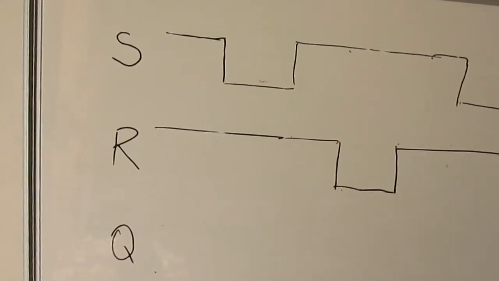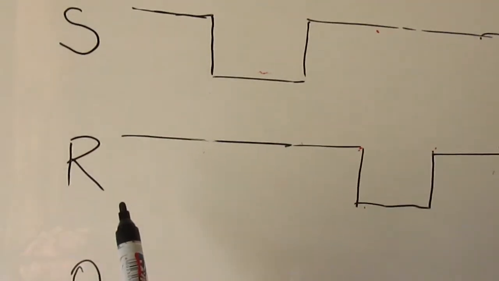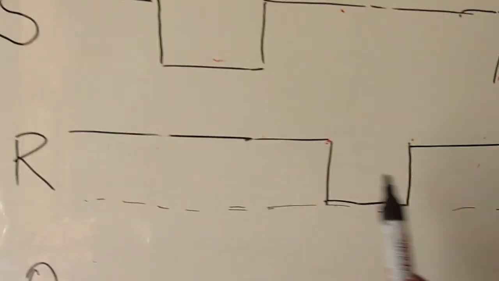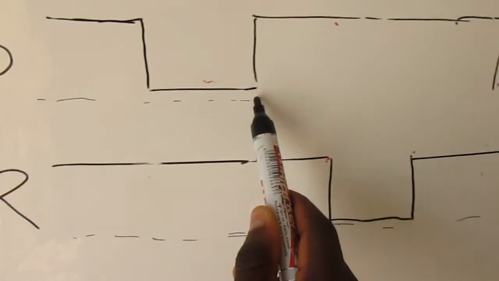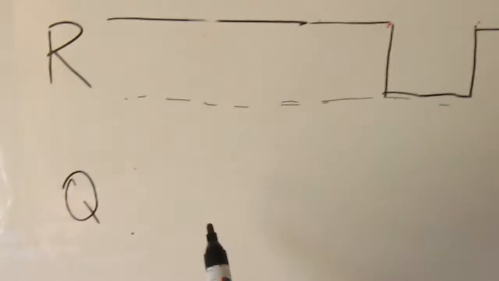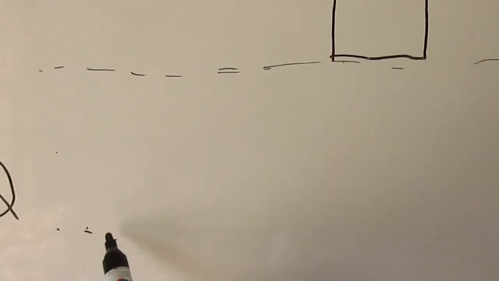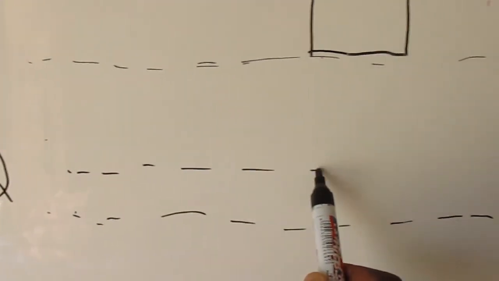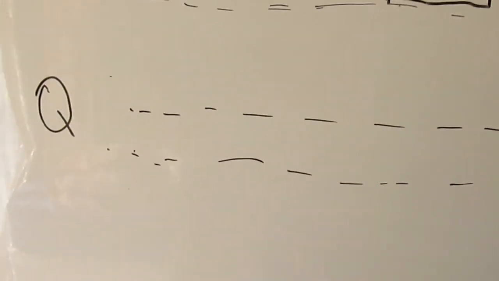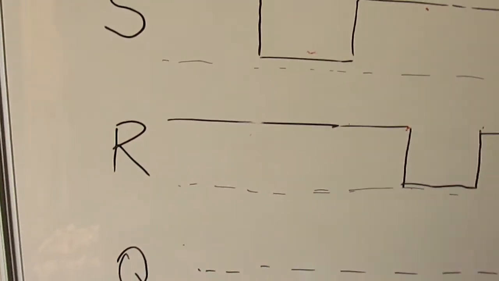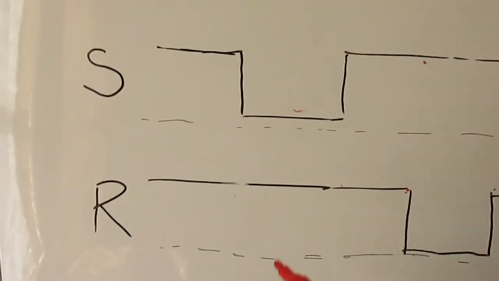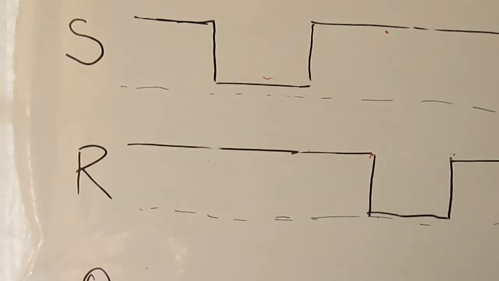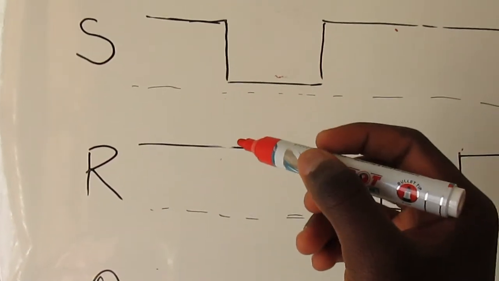As you can see, this is our baseline. The baseline is here, and for this one the baseline is there. When it comes to the output, we only consider this Q. The first thing you should do here is set your timing, because every place where there's a change in state, you need to take it as a timing.